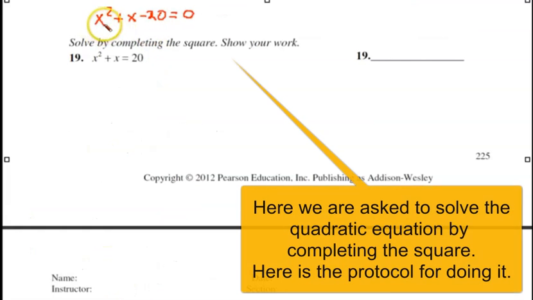Now, suppose we have this quadratic equation in standard form, and they are saying solve by completing the square. What's the first thing you should do? Well, you write it.